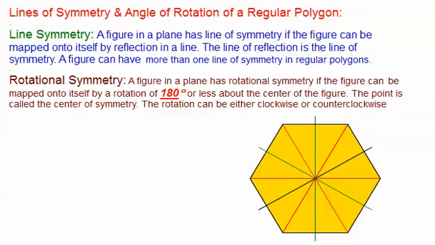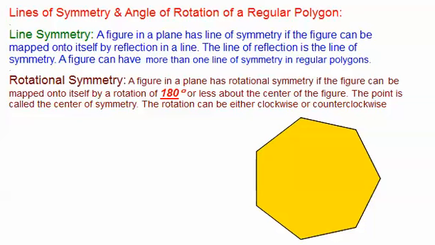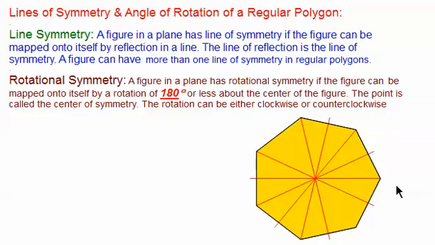Let me do one more, and then we will switch. There are 7 sides, so there are going to be 7 lines of symmetry, and because 7 is an odd number, we can count from each vertex. Each one connects to the midpoint of the opposite side.